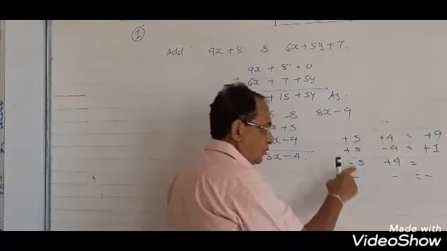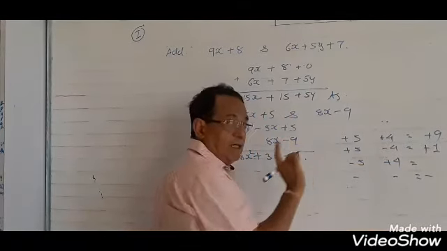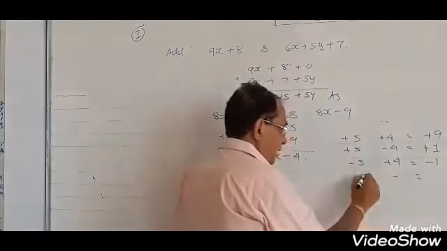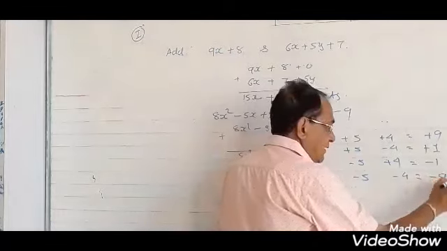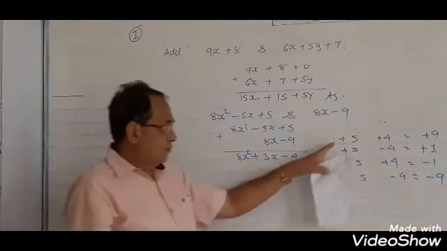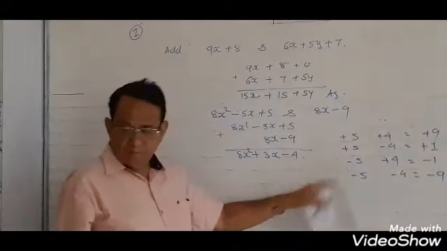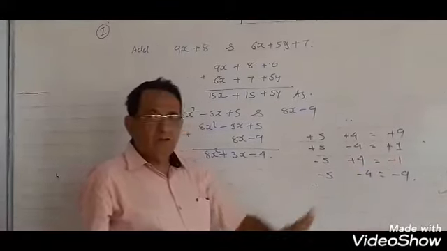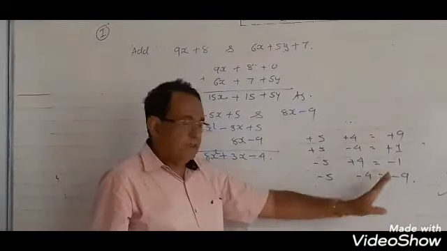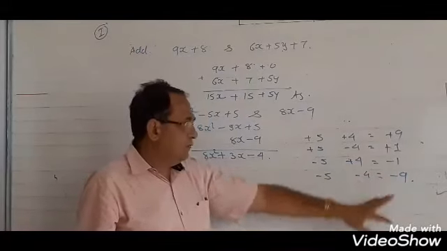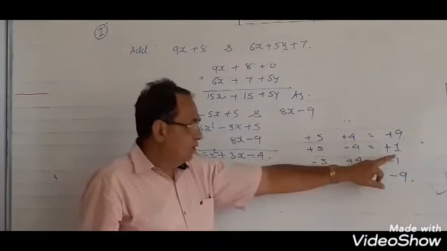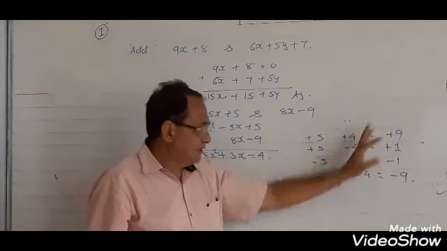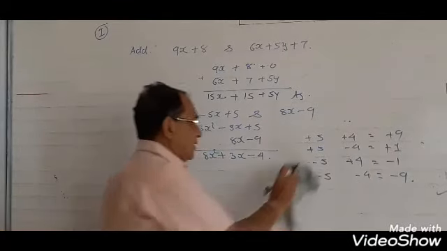Minus 5 plus 4, which one is greater? 5, numerically greater. Minus 1. Minus 5 minus 4 is minus 9. Be careful. Okay. First of all, write the sign of the number which is numerically greater. If the signs are different, take the difference and write it, and if the signs are the same, add them. Okay, that is the only way.